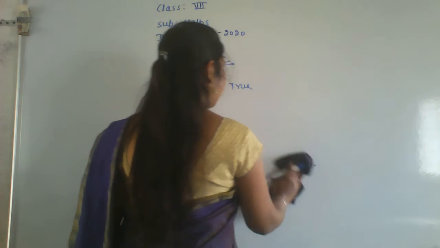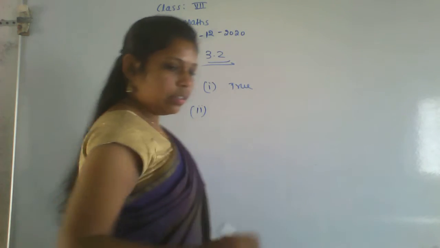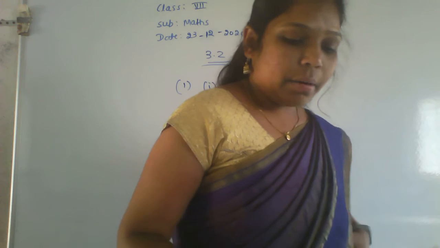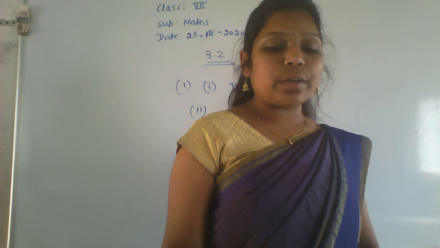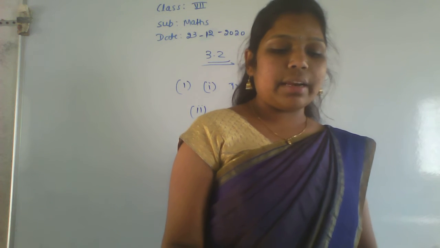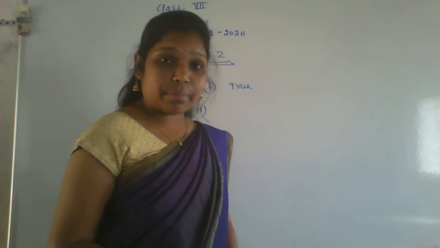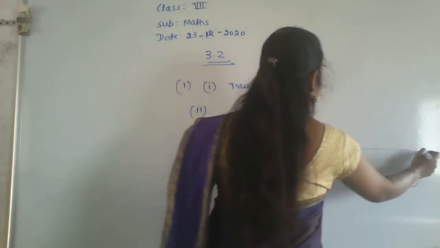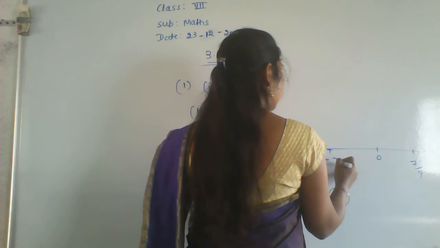Next, go for the second. What is the second one they have given here? The rational number minus 7 by 9 lies to the right of the rational number 7 by 9. See, on the number line, here in the middle and here 7 by 9 is there and here minus 7 by 9 is there.